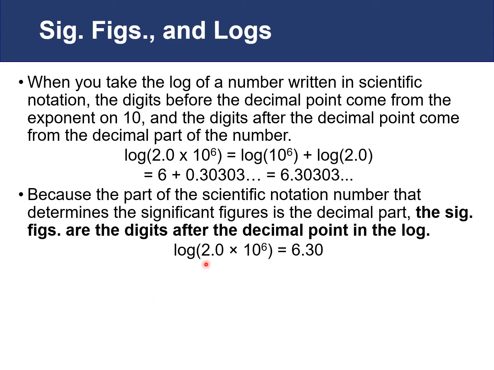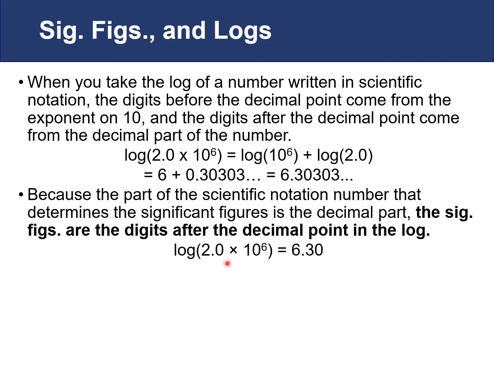So if we take the log of 2.0 times 10 to the 6th, this first 6 comes from the exponent, and then because we have two digits in our scientific notation, we accurately know two of our decimal places, right? So the log of 2.0 times 10 to the 6th would be 6.30 to the correct number of significant figures.